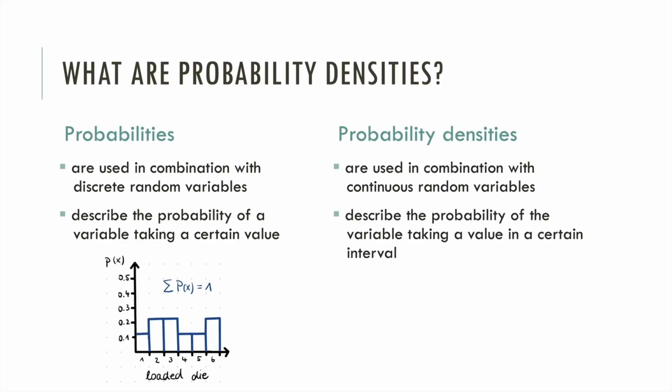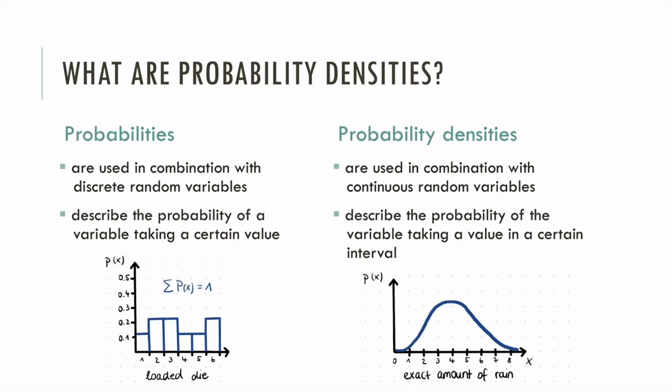Probability densities are used when events are uncountable. So this is in combination with continuous random variables. An example of this would be the amount of rain over a certain time period. This graph describes the probability of a variable taking a value in a certain interval, the interval being 2 to 6 centimeters, for instance.